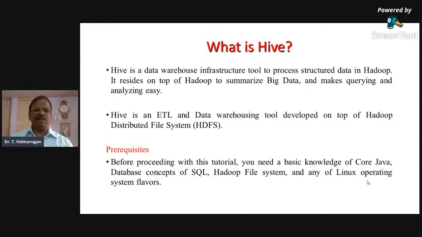That is the special feature called Hive. Hive is an ETL and data warehousing tool developed on top of the Hadoop Distributed File System. What is ETL? We will discuss later. Hive is an ETL and data warehouse tool which is developed on the Hadoop Distributed File System.